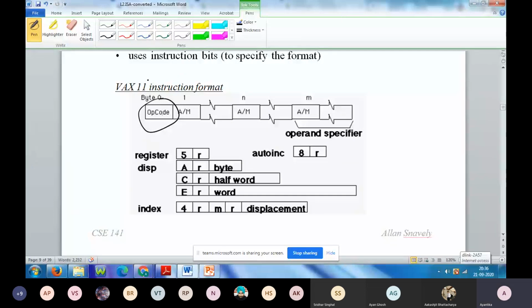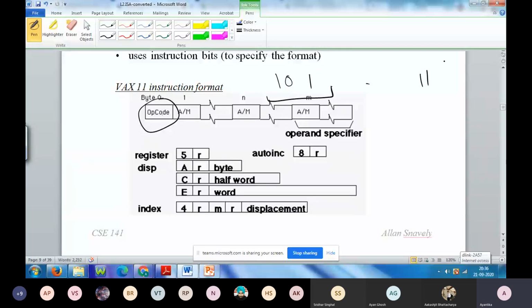Next, these different fields. This is shown at VAX level, but if you consider MIPS, you have these 32 bits. The first few bits will give you the idea of the opcode. We will see what the rest of the bits mean.